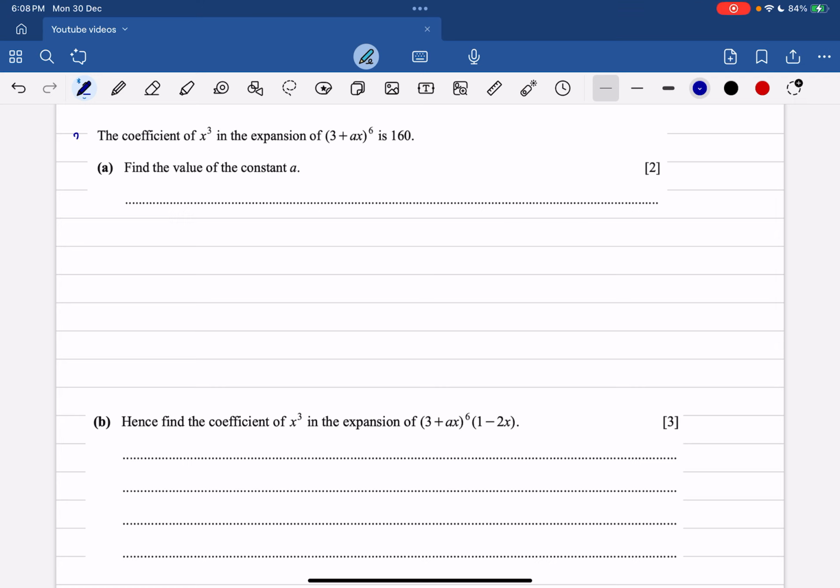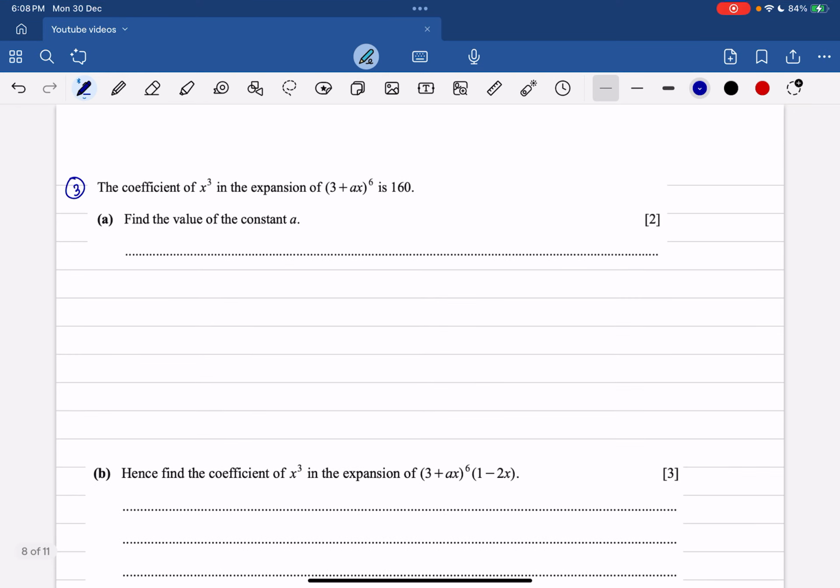This is going to be our third question, and obviously this is also from the May-June series 2024, and this is from paper 1-1. No, this is question 3 from that paper. Okay. Perfect. Let's look at this.